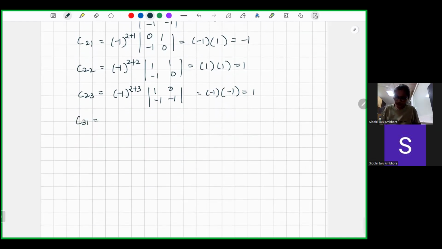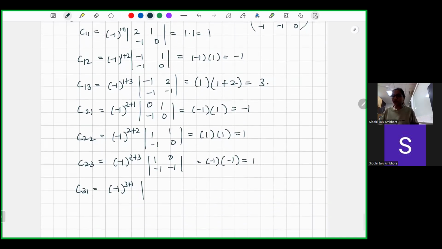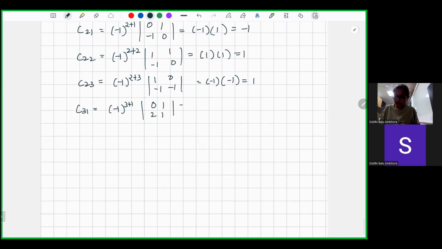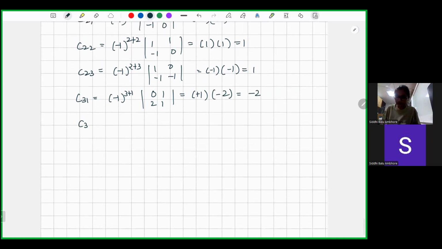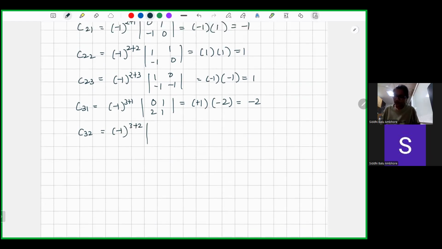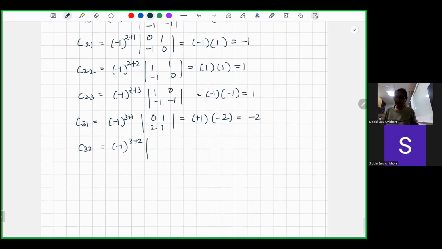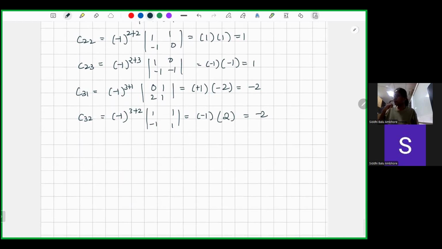And C31 will be -1 power 3 plus 1, with 0, 1, 2, 1, and this will be plus 1 into -2, so this will be -2. And C32 will be -1 power 3 plus 2, with 1, -1, 1, 1, which is -1 into 2, that will give me -2 again.